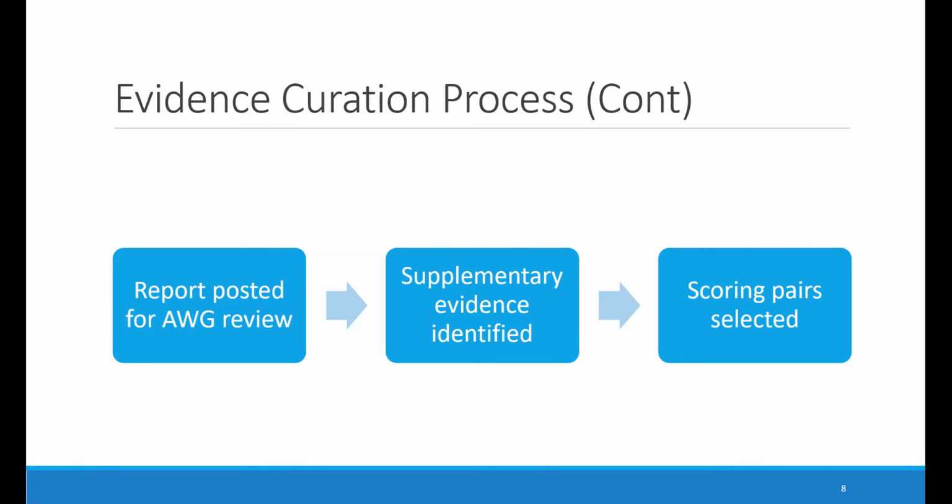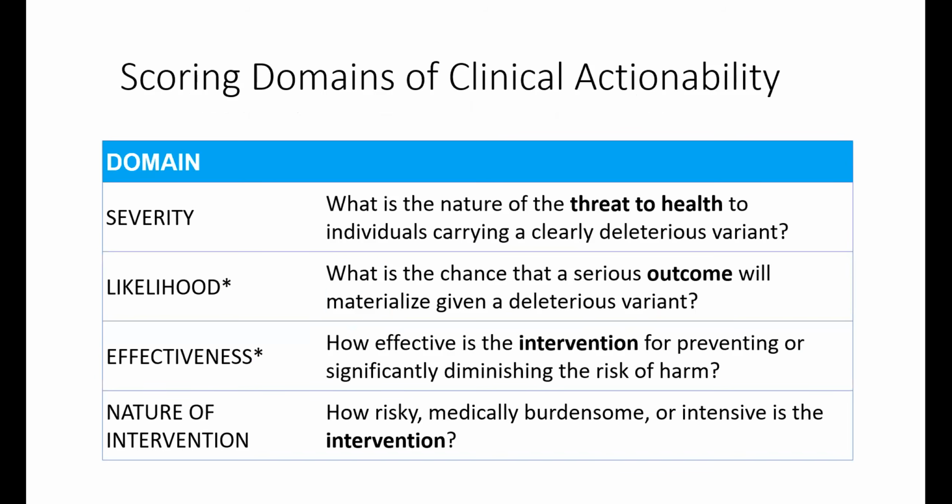So this is the outcome that they think there is evidence that we can mitigate, and the intervention that can mitigate or prevent that outcome. And so then they select those scoring pairs, which then go through the scoring process. So you can see that this is actually a rather lengthy multi-step process of curation that we're going through.